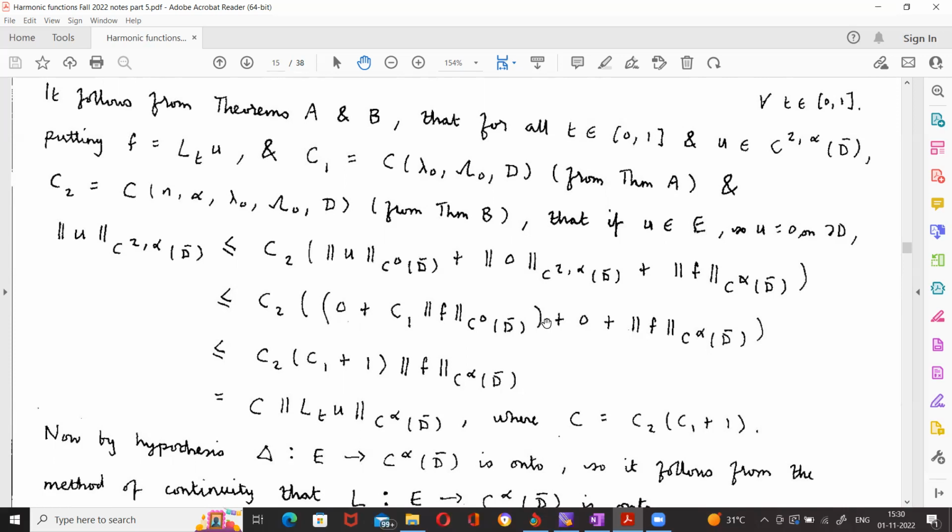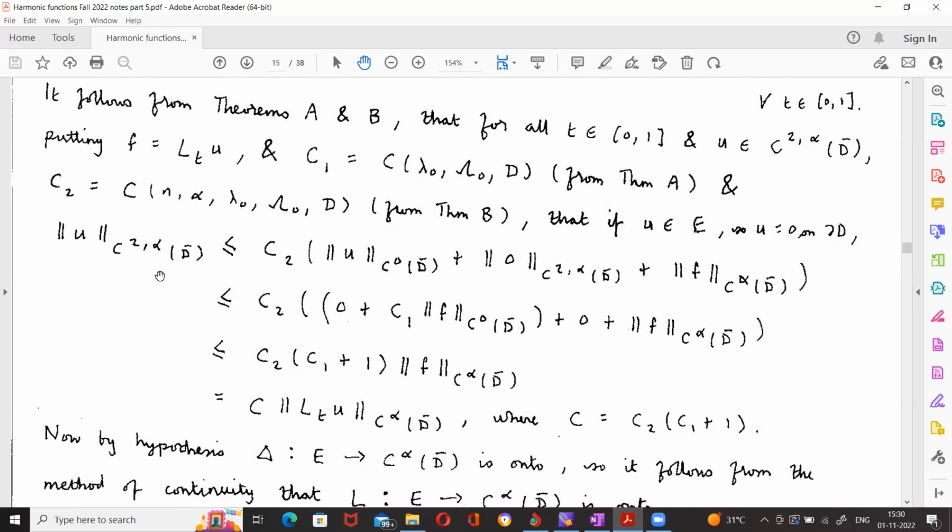So these two zeros go away. And finally, what do I get? I get C2 times (C1 plus 1) times the norm of F in C alpha of D closure. And F is my LT of U. So this gives me a constant C times the norm of LTU in C alpha of D closure.